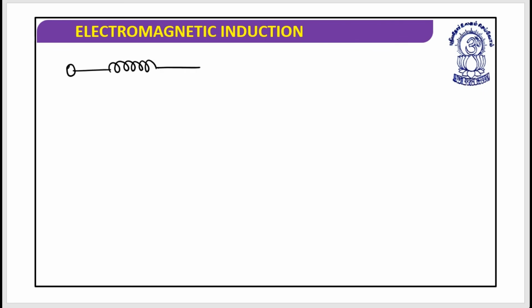Now let's look at one of the very critical questions: how will I deal with this? This is the first coil, and this is the second coil. Current has been passed through this. This is L1, this is L2. Are they connected in series?